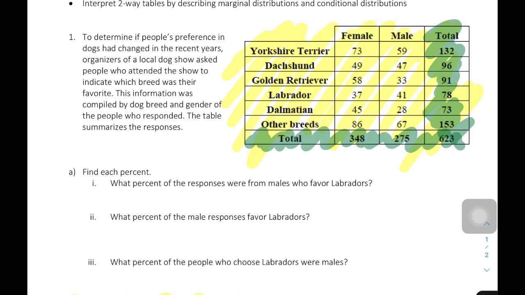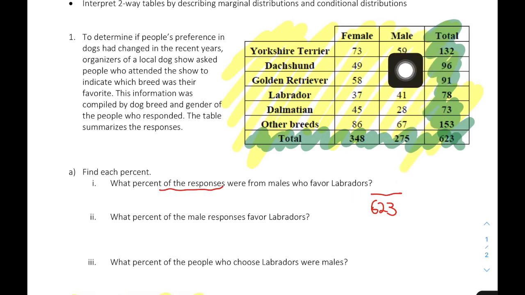Number 1 says, what percent of the responses were from males who favor Labrador? So what percent of the responses? Of the responses is referring to all the responses, which we had 623. So what percent of these were from males who favor Labradors?